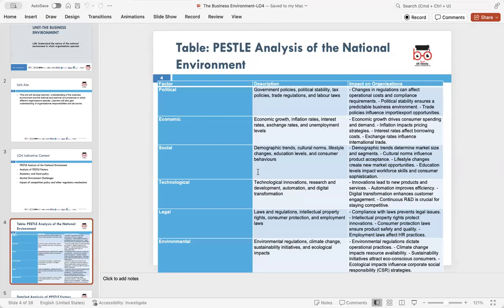So, environmental regulations dictate operational practices, climate change impacts resource availability, sustainability initiatives attract eco-conscious consumers, and ecological impact influences corporate social responsibility strategies.